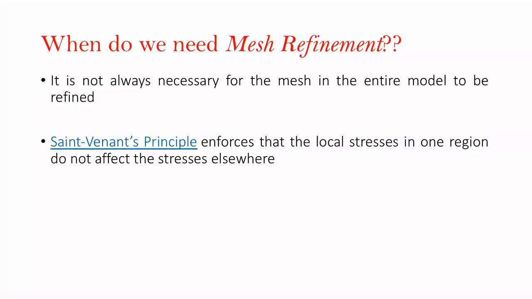When we're moving away from the hole, we know that the stress is getting to a stable condition, right? We're not going to have a rapid change and fluctuation in terms of stress and strain. Then we don't need to use very small elements there. We only need to use small elements in the vicinity of the hole.